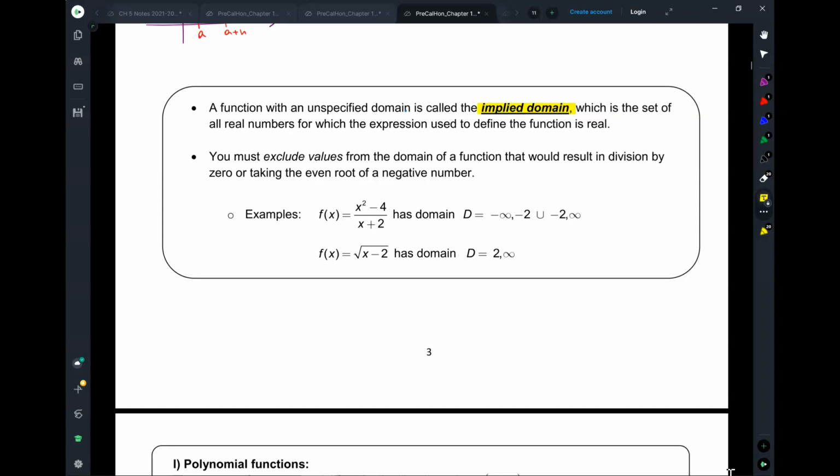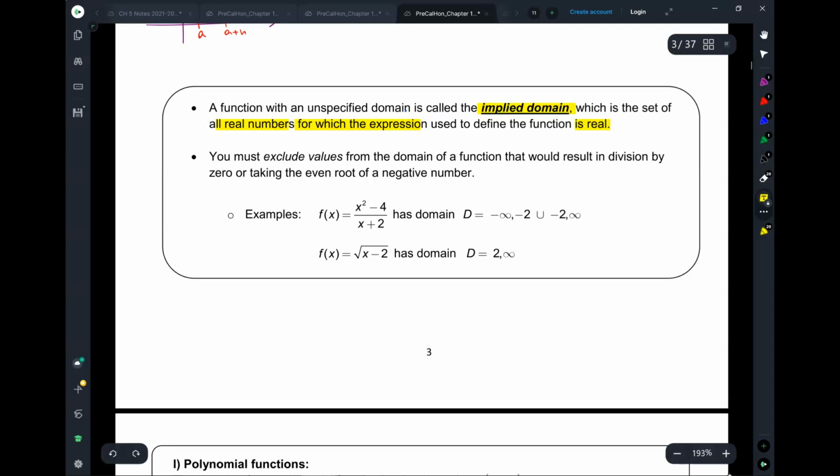So, all the real numbers for which the expression is real. Now, how do you find the domain then? You look for the values of x for which the function is undefined. You exclude those, and whatever is left, that's the domain.